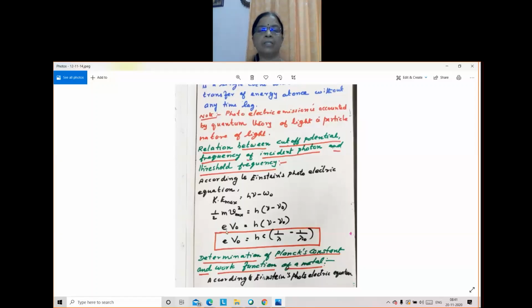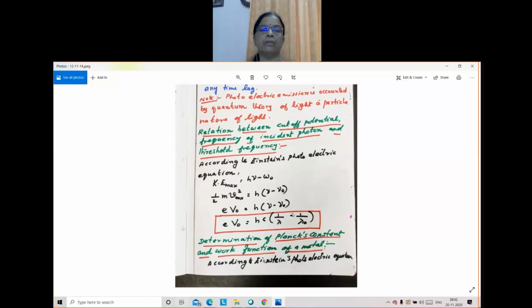E is the charge of the electron. V0 is the stopping potential applied. So kinetic energy is completely stopped. That will be potential energy itself, eV0. eV0 equal to h into nu minus nu 0. Therefore, eV0 equal to hc, nu equal to c by lambda. C is the velocity of light and lambda is the wavelength of the light.